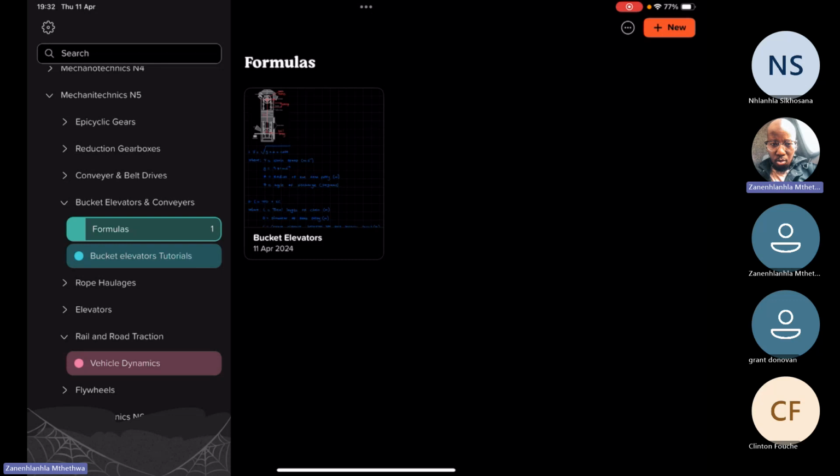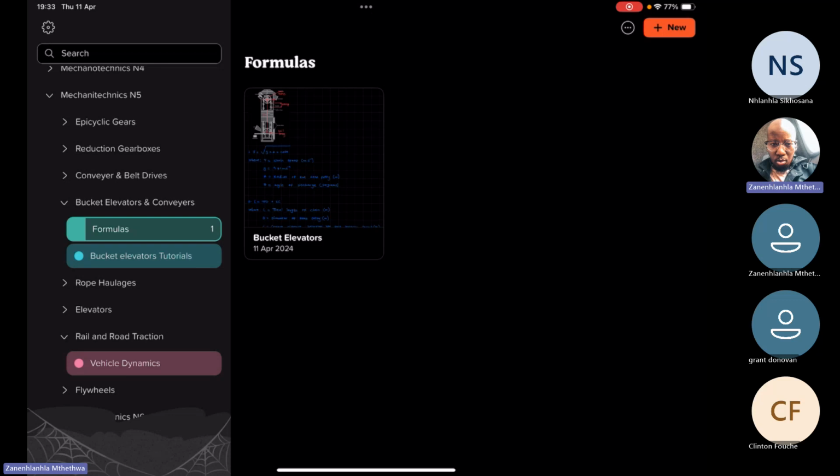Now, I say it's a giveaway because it's around 18, 20 marks. The modules that carry the most marks here are conveyor slash belt drives, bucket elevators, as well as ropologies. Those modules carry plus minus 20 marks each, so you can expect, say, 17, 18, 20 marks for each of those modules.